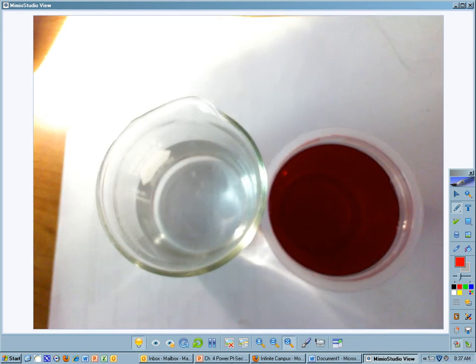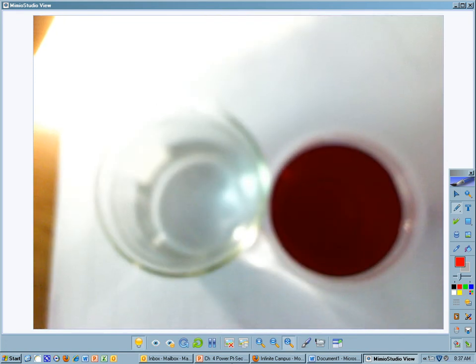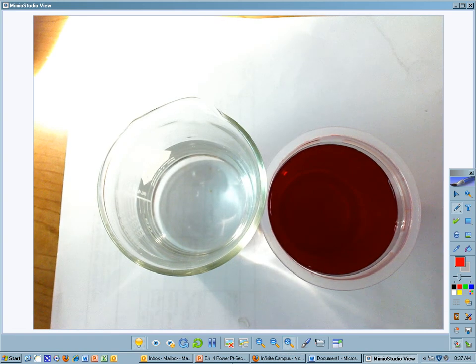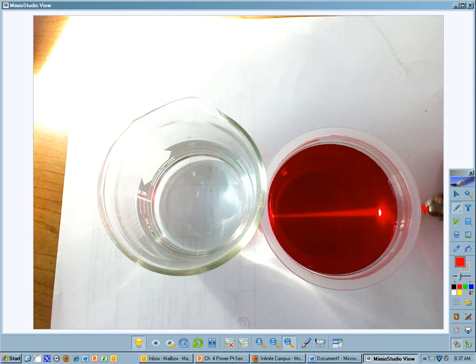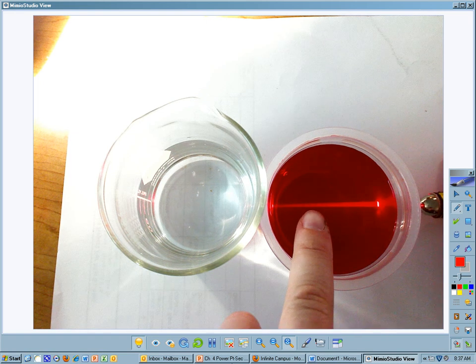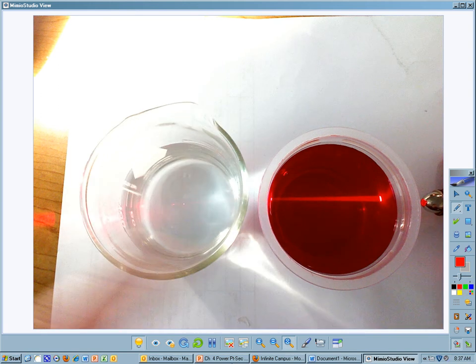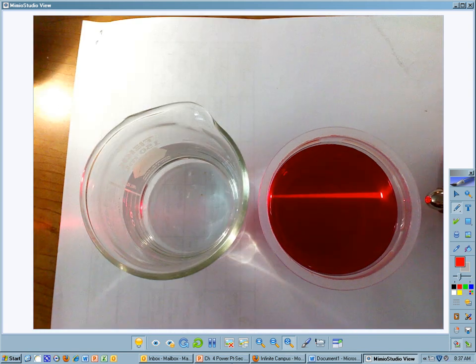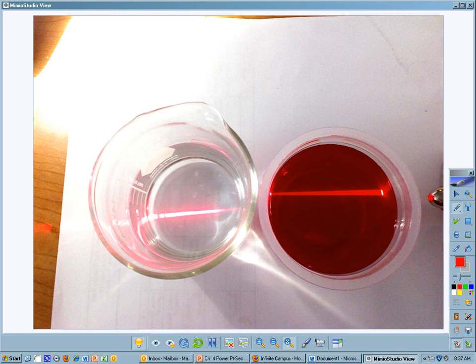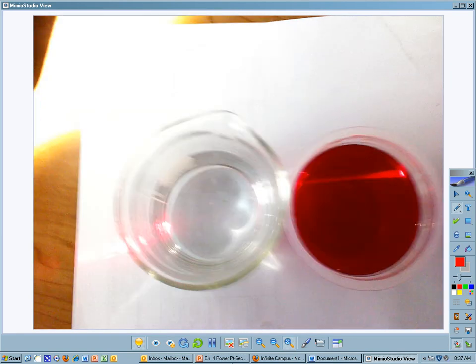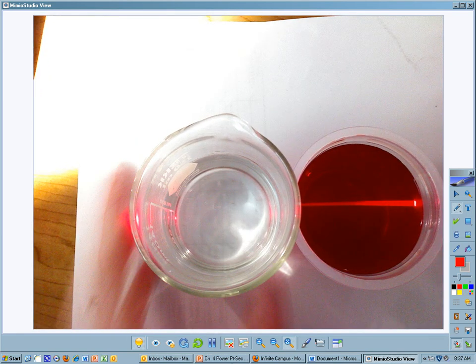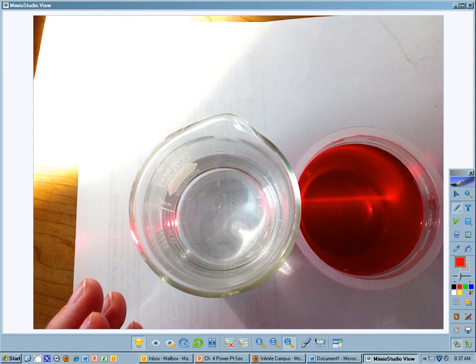So here's a Jello and Sierra Mist. Notice as I shine the laser beam through the Jello, it looks like there's a lightsaber in there. But in the Sierra Mist, there isn't any. Oh, nope, that's because it's down on the paper. Sorry. If I do it out on the paper it will reflect it.